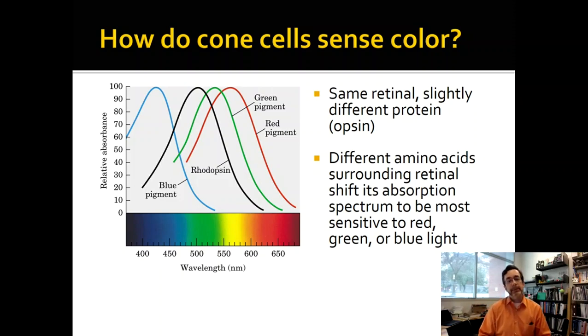Cone cells are different because there are 3 types: red, green, and blue. And each type has a slightly different opsin. It's the same protein, same retinal in the middle, but there are different amino acids around the retinal so that it absorbs at a slightly different place. The rhodopsin absorbs light in the middle of the visible range, but the green, blue, and red have been shifted out of the middle to the edges of the range.